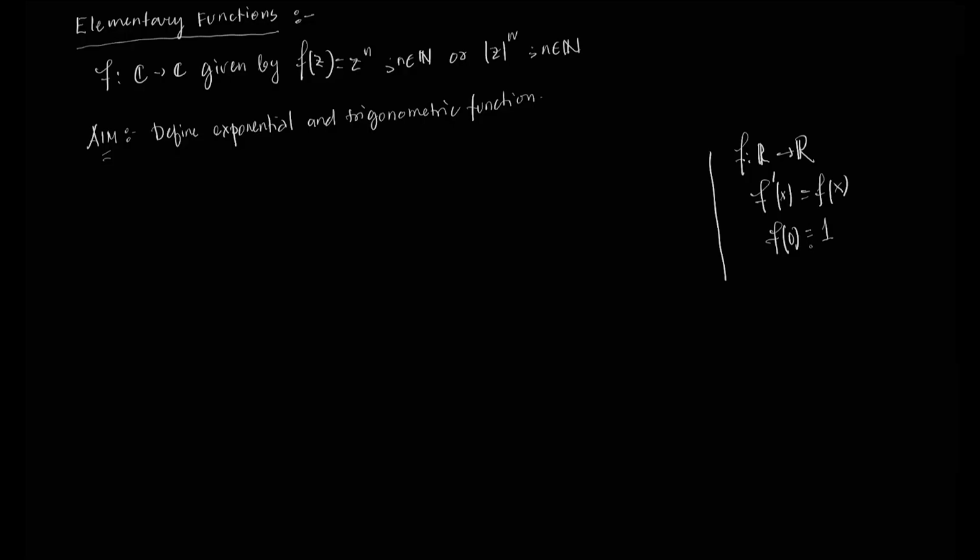If I ask you how many such functions there are, you can show that there exists a unique f. This is a basic ODE. So there exists a unique f such that this is satisfied, and that f is given by f of x equals exponential x.